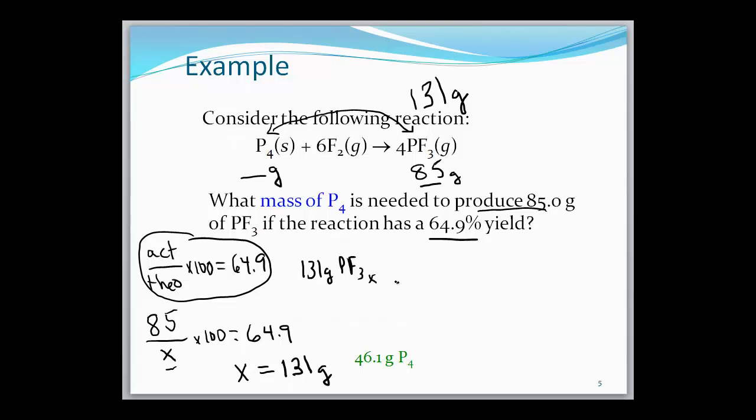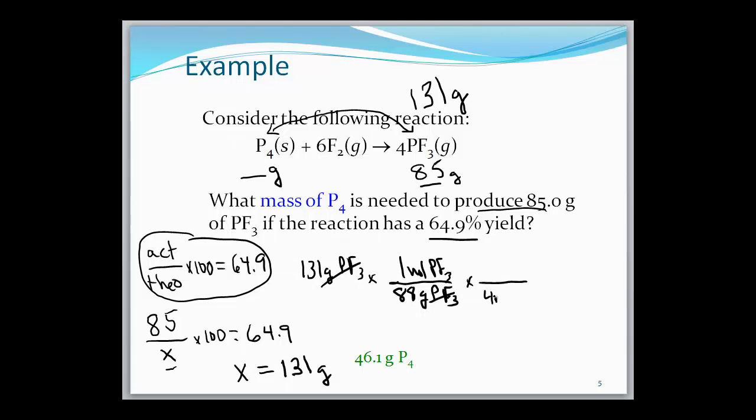So let's add up the molar mass of PF3. We've got phosphorus at 31 plus 3 times 19 gives us 88 grams of the PF3 per mole PF3. So our grams cancel.